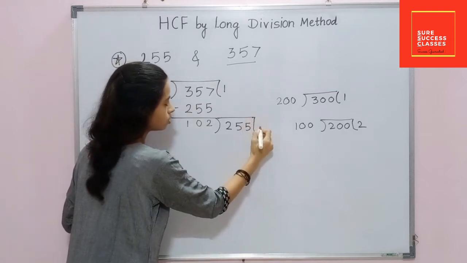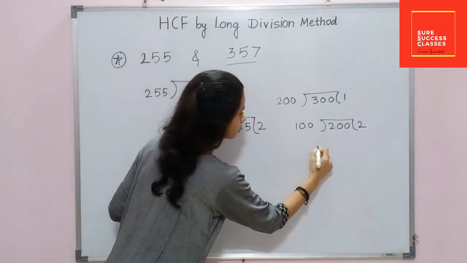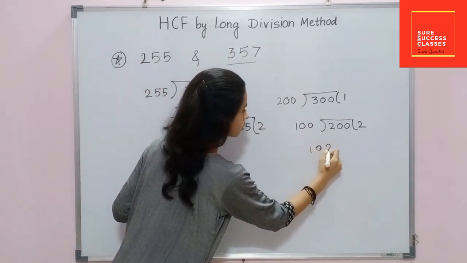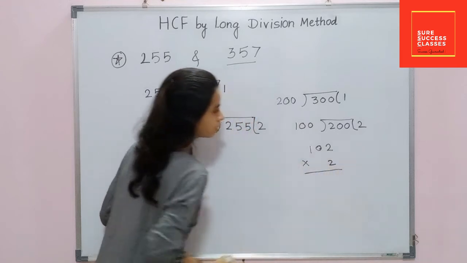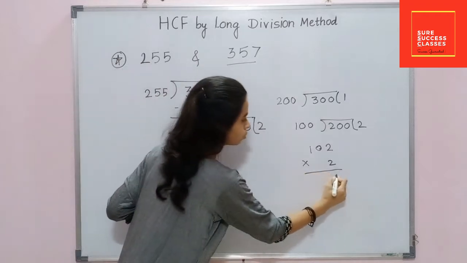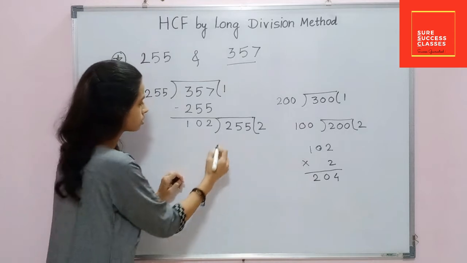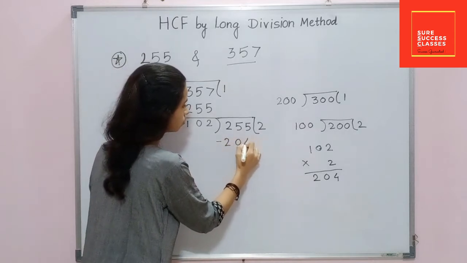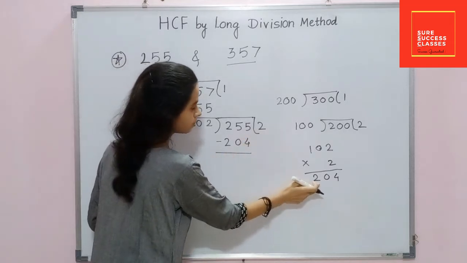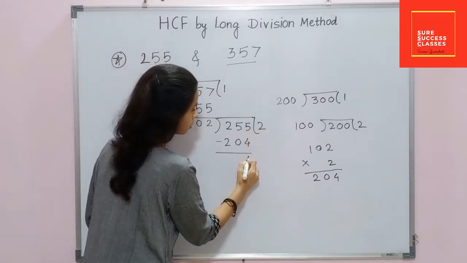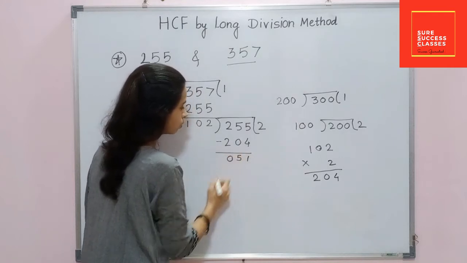For the actual number we will multiply this number by 2. 2 2s are 4, 2 0s are 0, 2 1s are 2. Means we have to subtract 204, not 200. Keep in mind this figure. 5 minus 4 is 1, 5 minus 0 is 5, 2 minus 2 is 0.